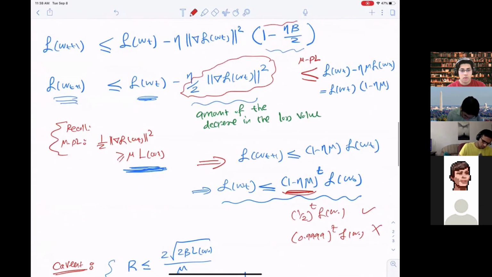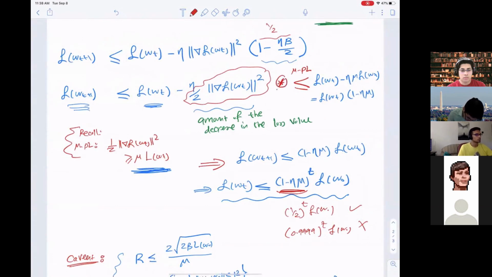So let's look at this part. I'll call this inequality star. Here, this tells me the squared norm of the gradient, and I haven't used the PL condition, I'm just looking at this part. The squared norm of my gradient is less than or equal to 2 over eta times the difference of the loss at W_t plus 1 minus W_t.